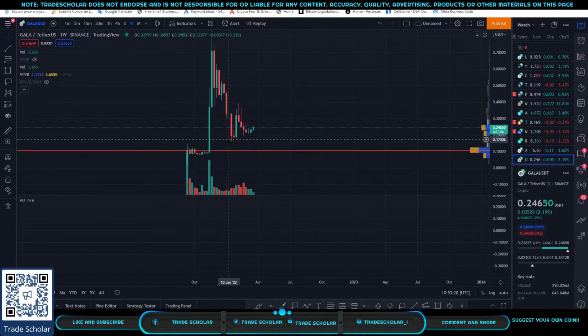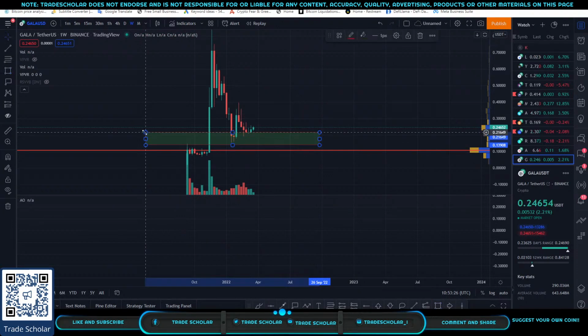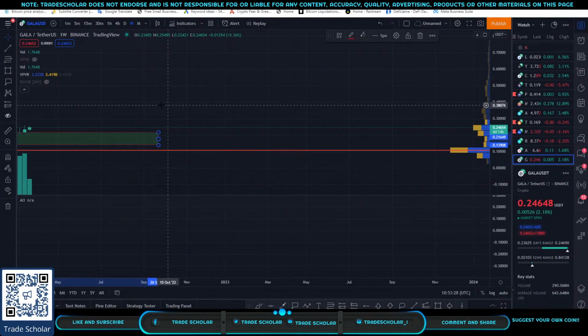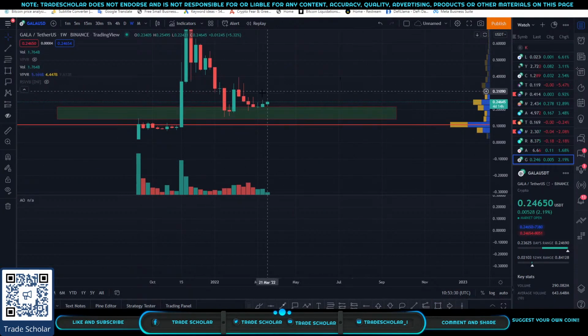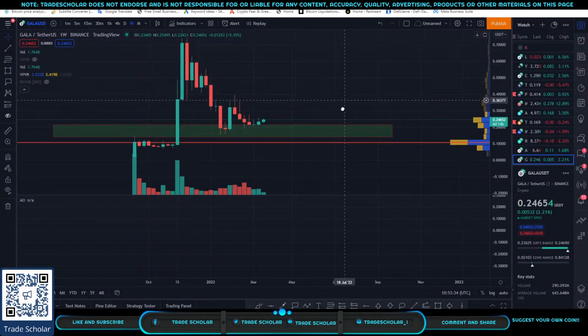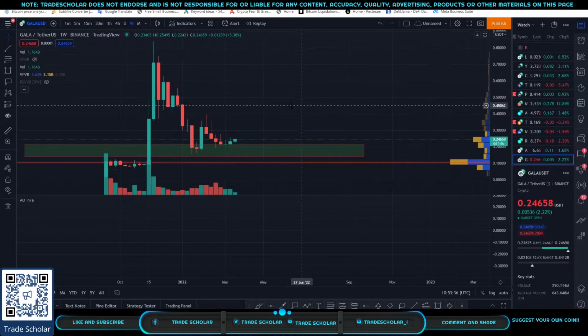Already at the bottom also. We found a demand zone here. You can see a demand zone here. We pump here, so I think we are already at the bottom and we have a breakout in the trend line.